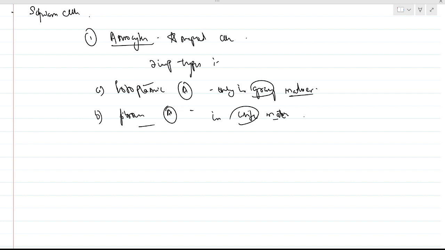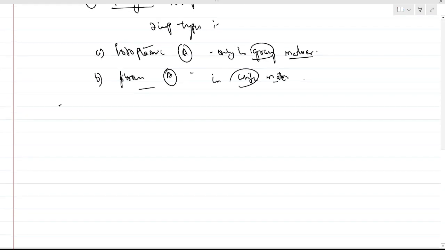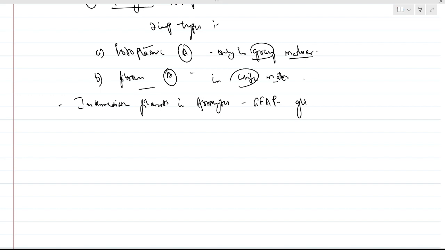Now an important fact here: there are intermediate filaments in astrocytes. These are composed of GFAP, glial fibrillary acidic protein.